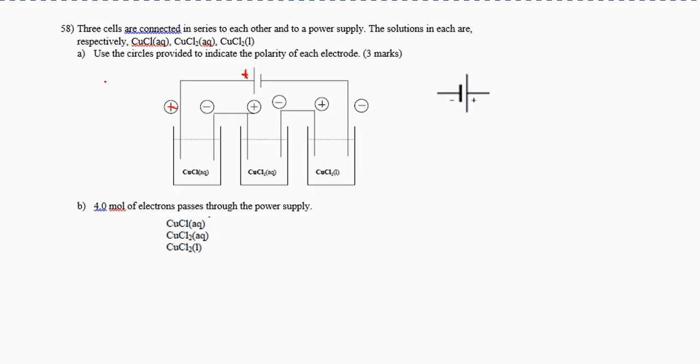So we can't work out how much charge is received by each cell. Therefore we just have to presume that the charge that passes through the power supply is going to be going through each cell. So each cell is going to have 4 moles of electrons pass through.